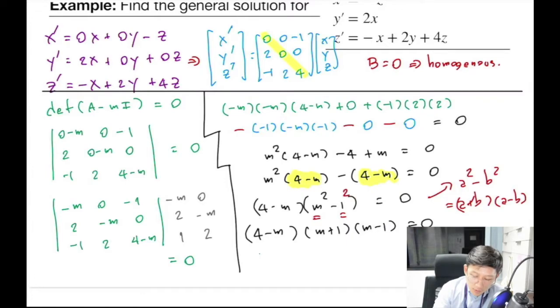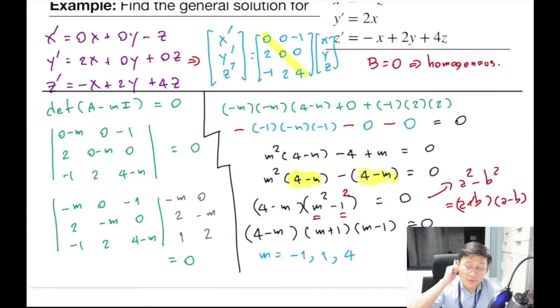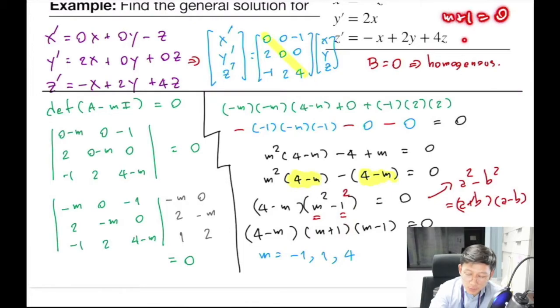So what is m? The m1, m2, m3 would be minus 1, 1, and 4. The order is from smallest to biggest, right? Because m plus 1 equals 0, which means that m is minus 1. We did that before.